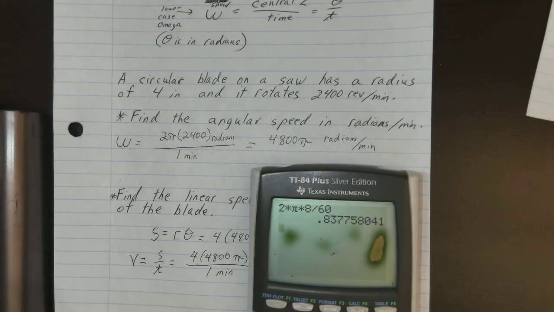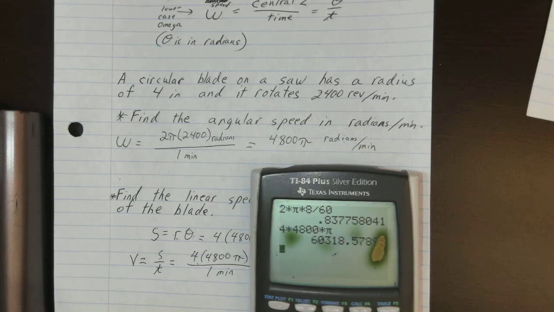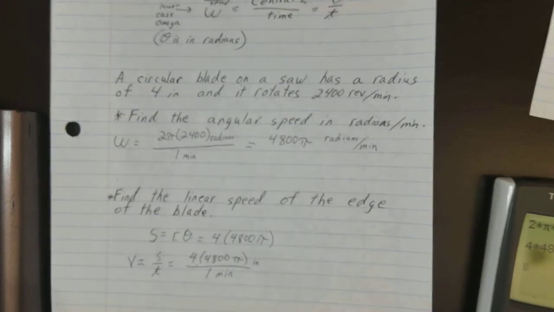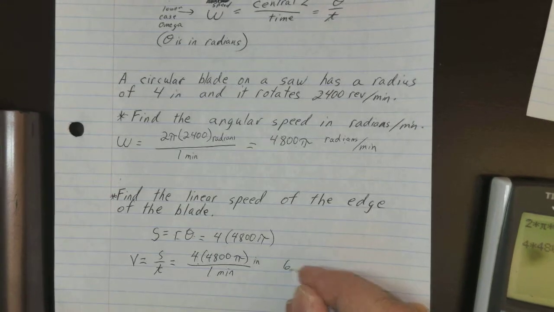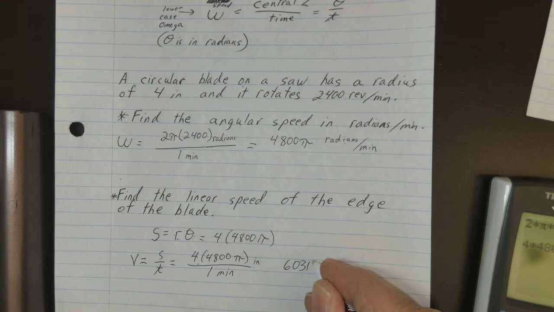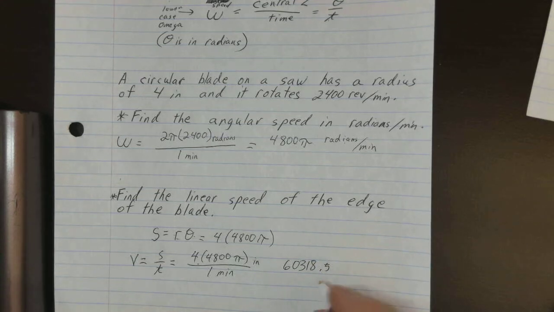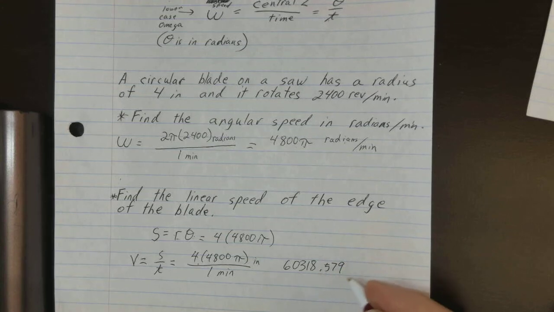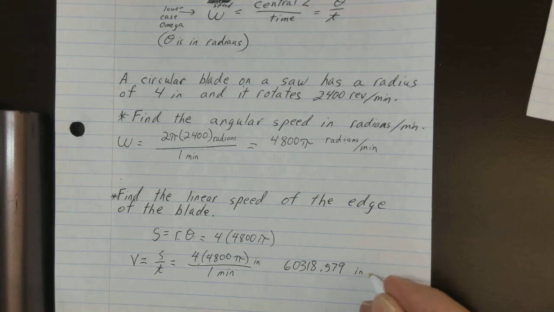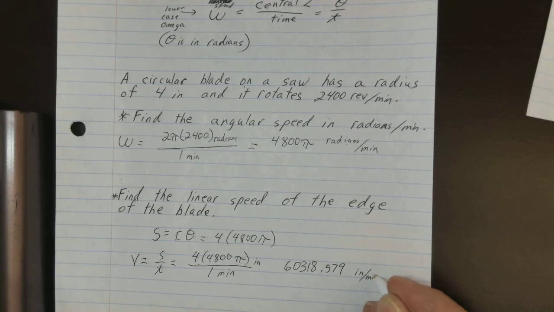All right, so let's take 4 times 4,800 times pi, and I get 60,318.579 inches per minute.